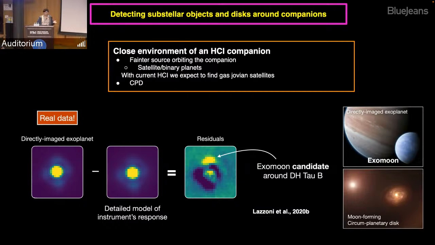If there is something, let's not use the word exomoon because it can be contradictory, but it can be a satellite or a disk, or a CPD, a circumplanetary disk forming. So in that sample, she found the first satellite candidate, which is around Eta Tel B.